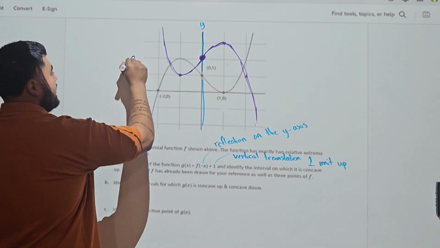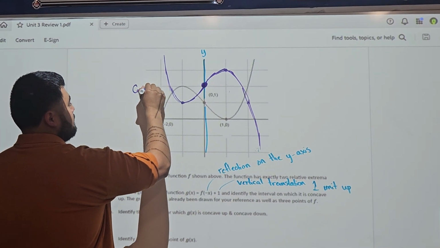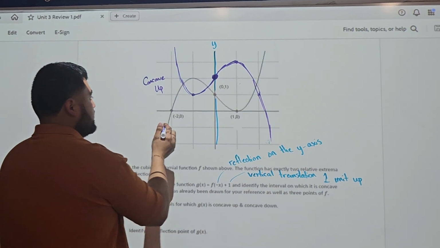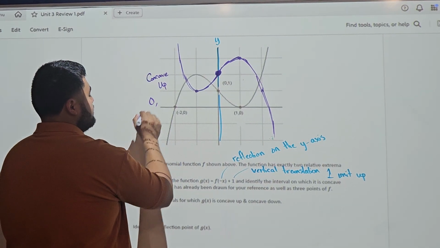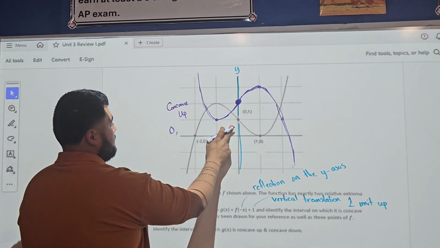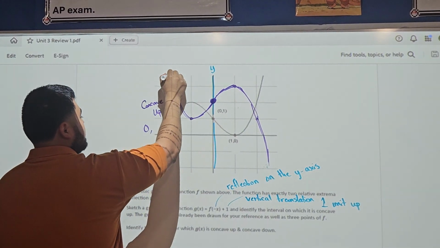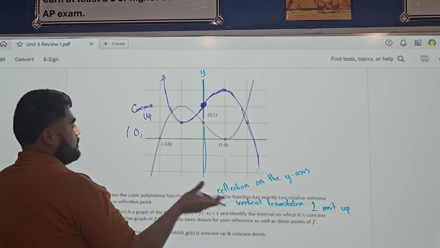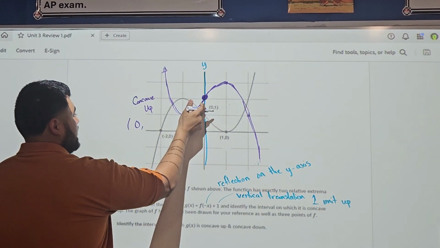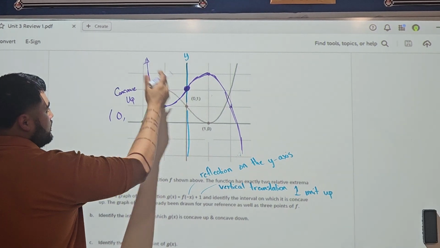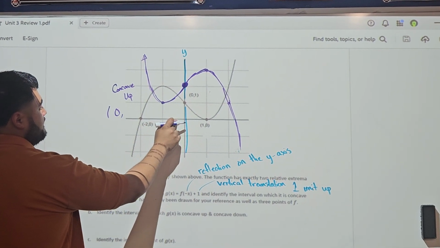So what's happening from here to here? Well, this is concave up. So what's happening to my domain? You start at 0 and you make your way this way. Doesn't matter if the arrow's pointing up or down, domain only focuses on left or right. So I'm at 0 here, not the origin, but the y-axis, and I make my way to the left.